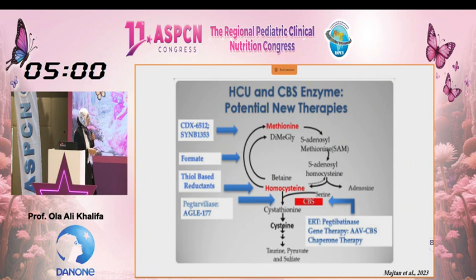One of them is CDX and the SEN 135, and also formate and thiobase reductase. One of them acts on the GIT, and the others act on the blood, and also beta virulase, which also acts on total homocysteine.